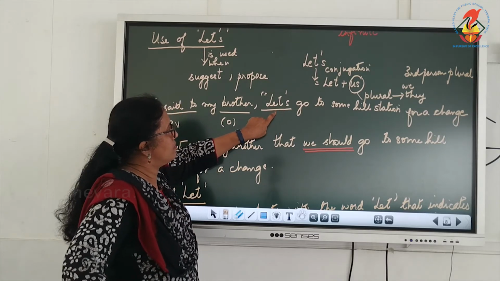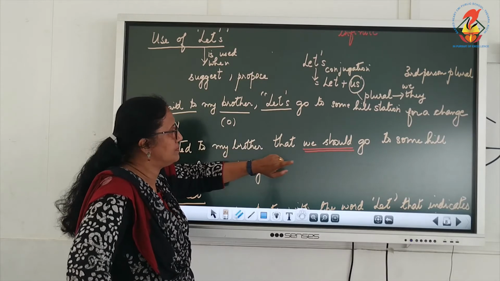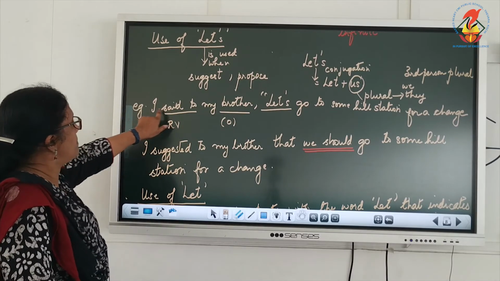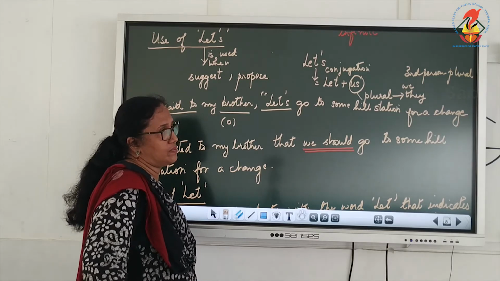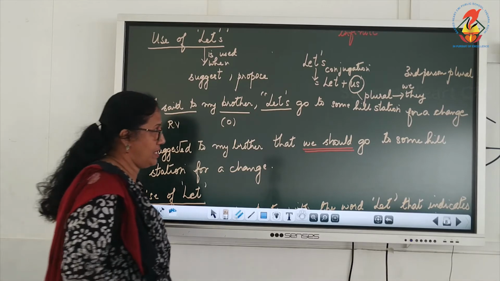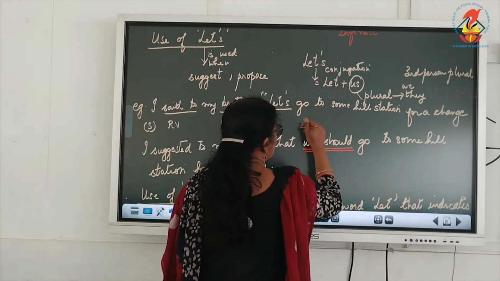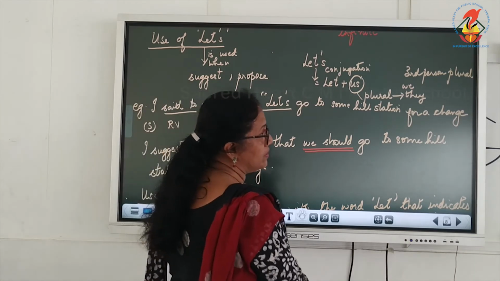Let's is nothing but let us go to some hill station. So, here the conversation is happening between you and your brother. So, I suggested to my brother that let us, okay. So, that us, when you convert it, is relating to whom? It is relating to both of you.